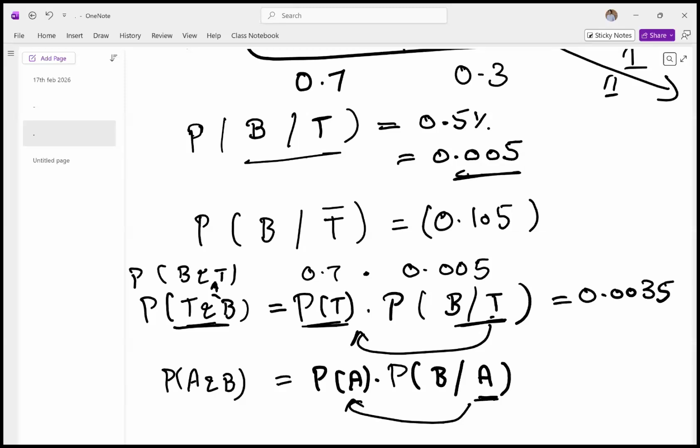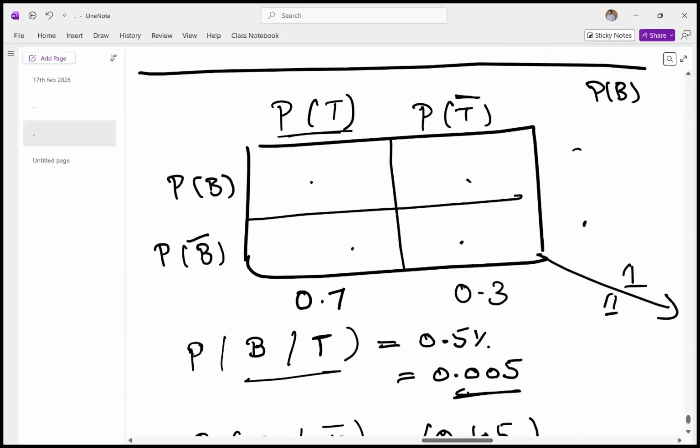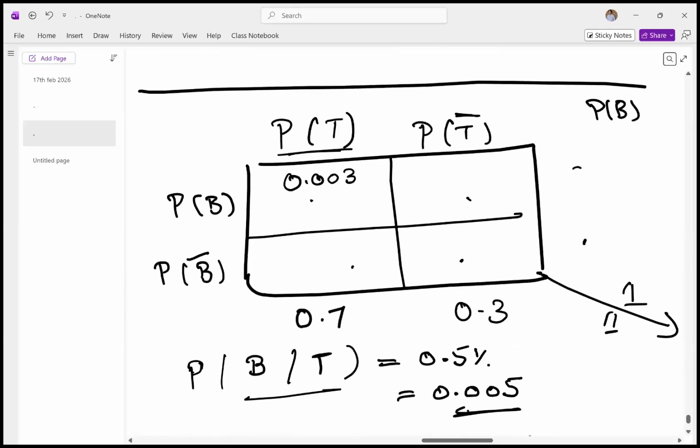So I'll fill this value in here, 0.0035. Once I have this value, I can find the other value also: 0.7 minus 0.0035, which is 0.6965.